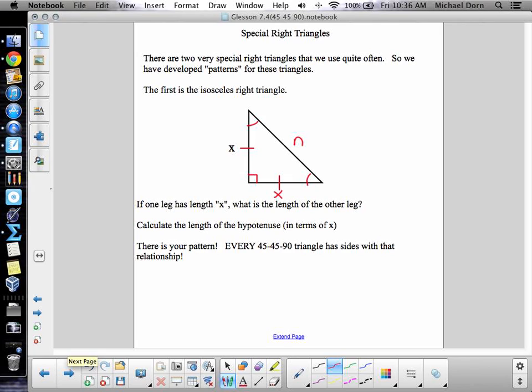And we set up our Pythagorean theorem: a squared plus b squared equals c squared. So x squared plus x squared equals n squared, right? You with me so far? Anybody not catching how we got that? Okay. x squared plus x squared is 2x squared.